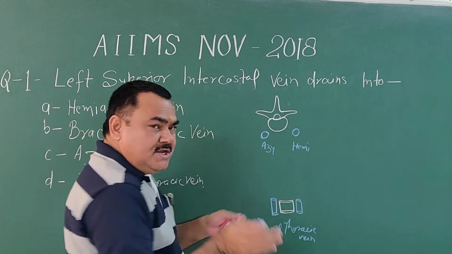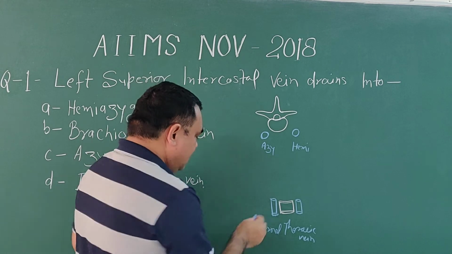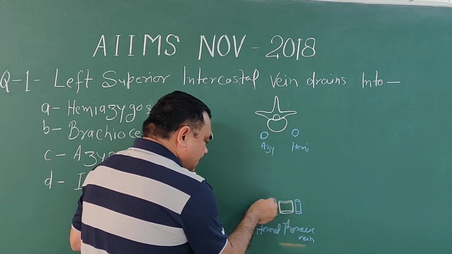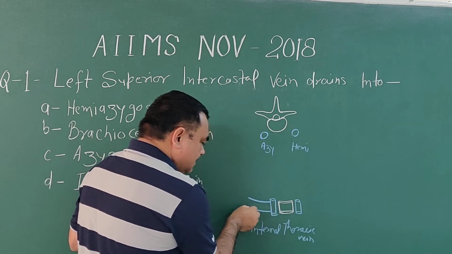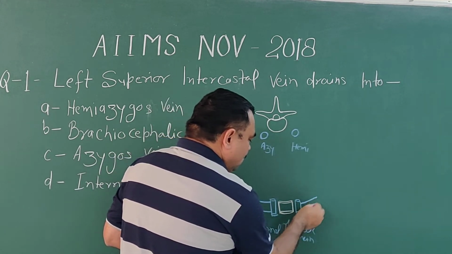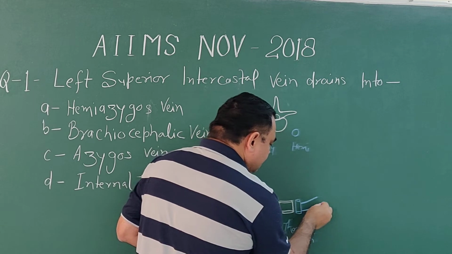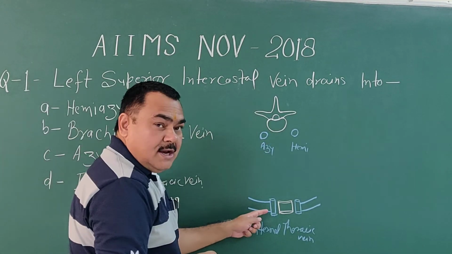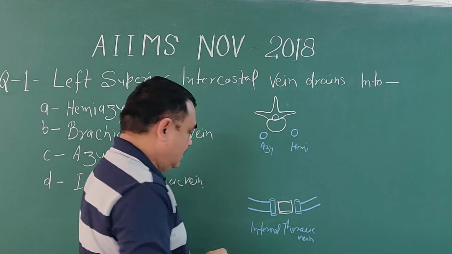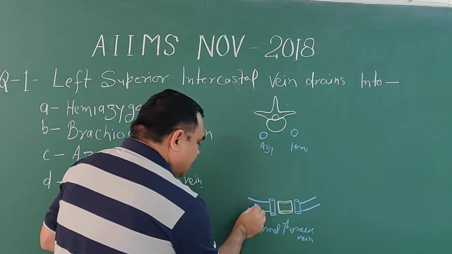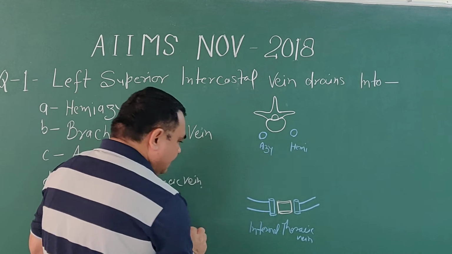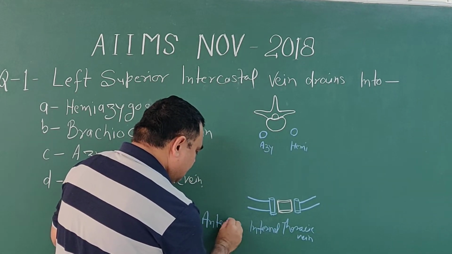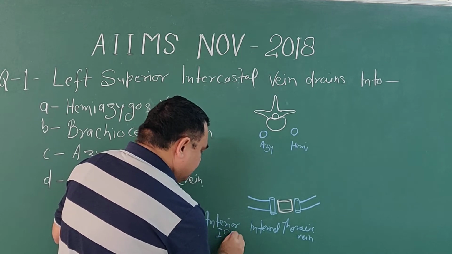And in each intercostal space, you can see here, these are two anterior intercostal veins.